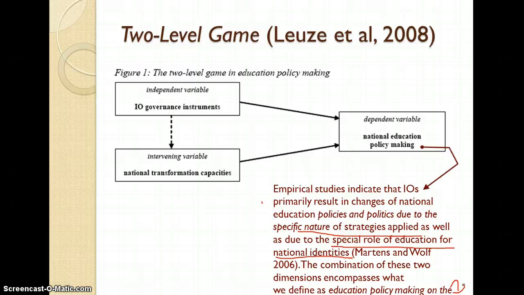Now, the impact that they're saying the international organizations have is that they change the kinds of strategies that are applied, and they influence the way that education's special role is nationally identified or contextualized.